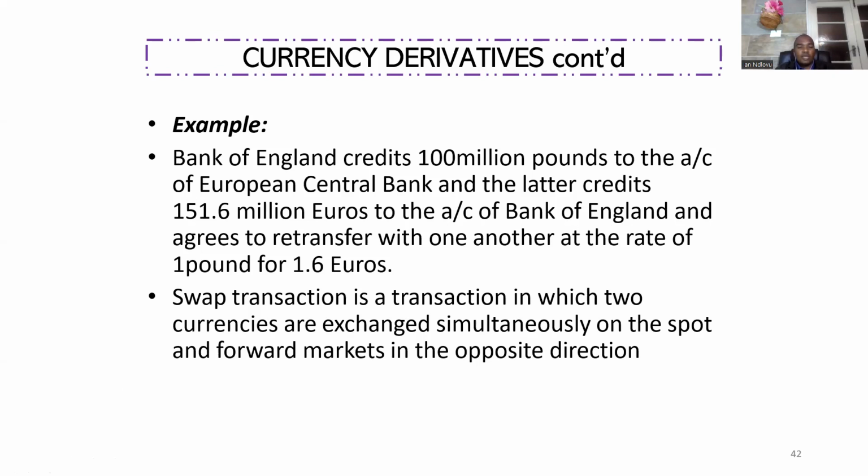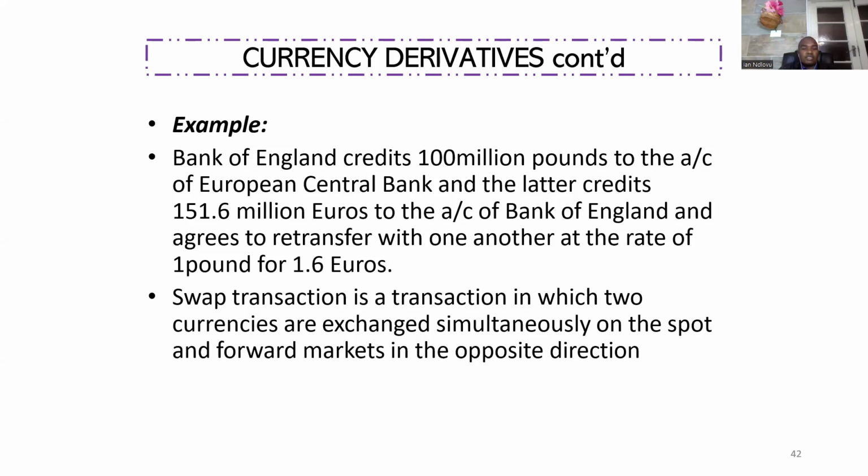So in the spot market, a certain amount of currency will be moving in one direction, and then in the future, an equivalent amount in terms of the foreign currency has to move in the opposite direction.